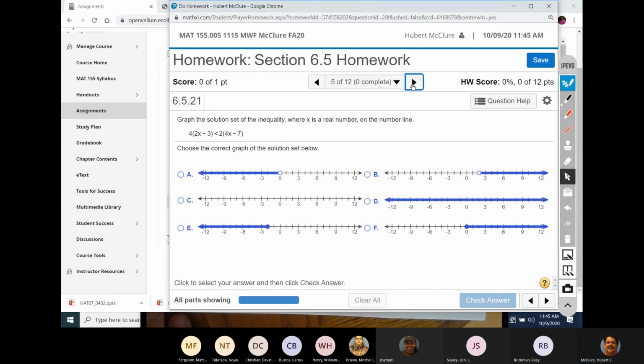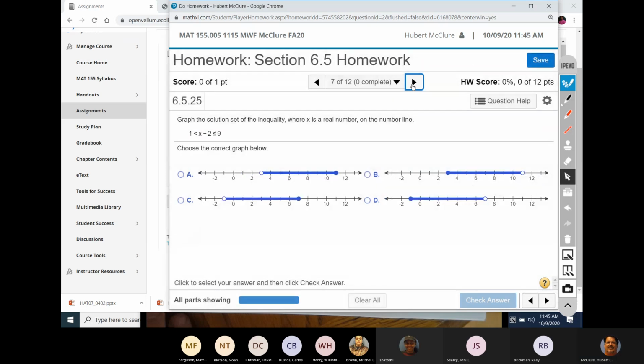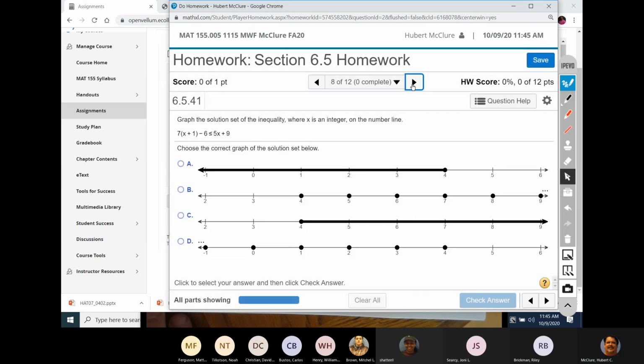It says integer. There we go. All right, and that's a good test question. I'm glad I found this one. So I'm gonna put this one.